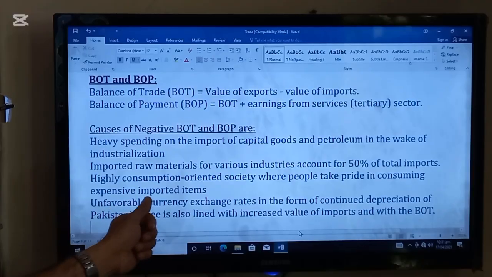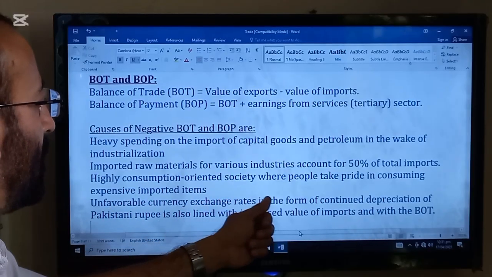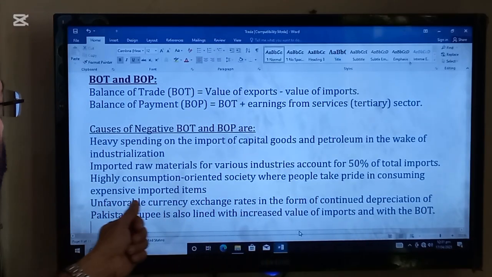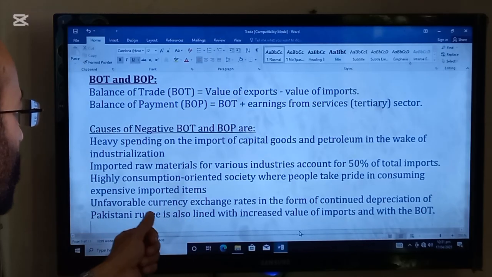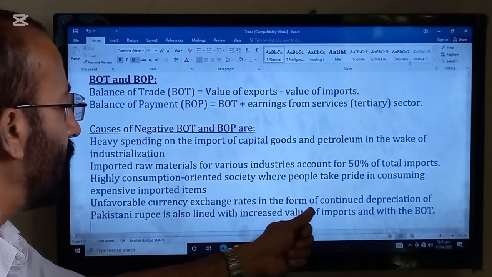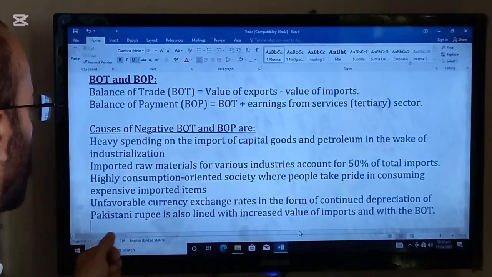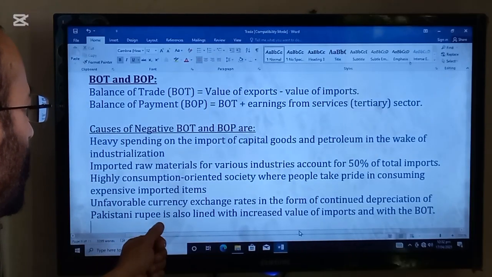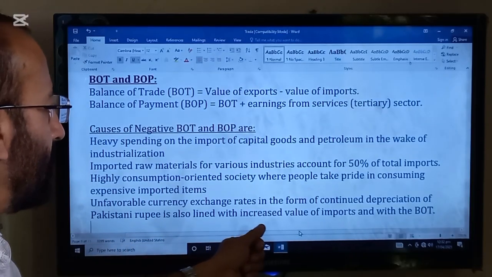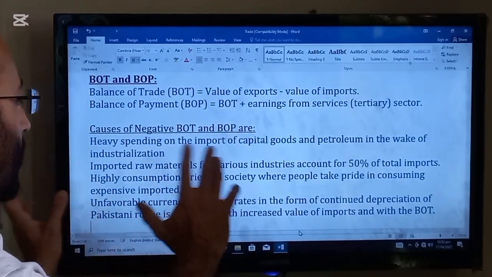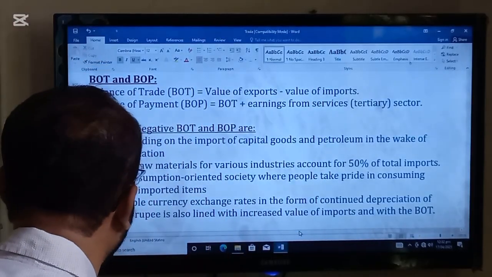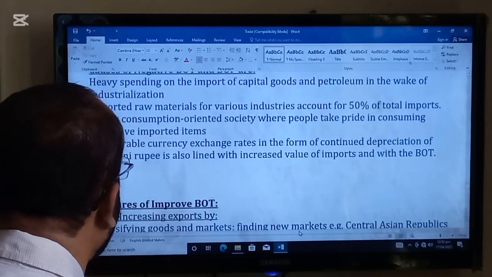Highly consumption oriented society, where people take pride in consuming expensive imported items. And next is unfavorable currency exchange rates, in the form of the continued depreciation of the Pakistani rupee, which is linked with the increased value of imports and the balance of trade. So these are the causes of negative balance of trade and balance of payment.